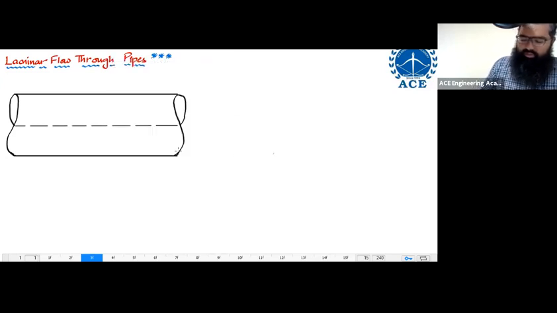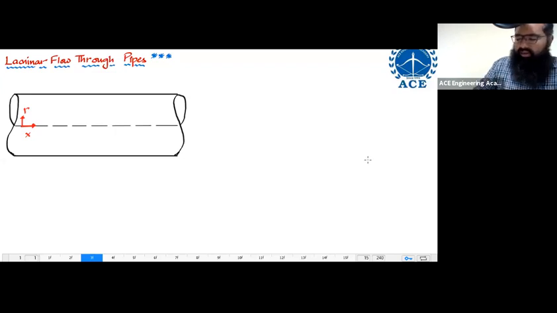Suppose in this direction is my x-axis, and in this direction is my r-axis. Flow is taking place along the x-axis. The first thing I'm supposed to talk about over here, which is the most important of all things, is the concept of velocity, the equation of velocity.